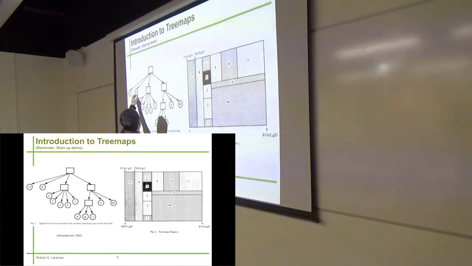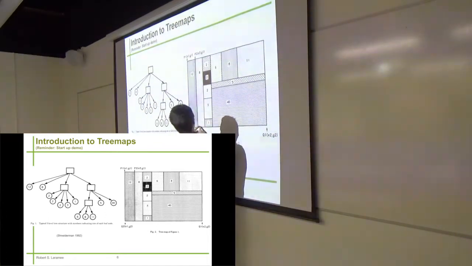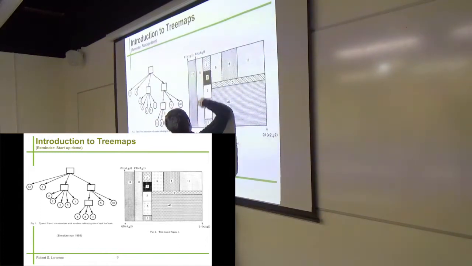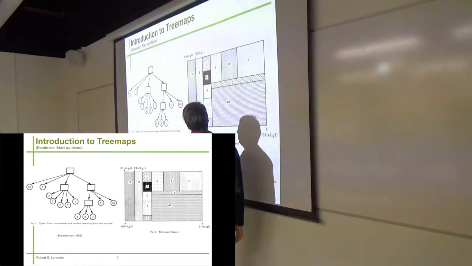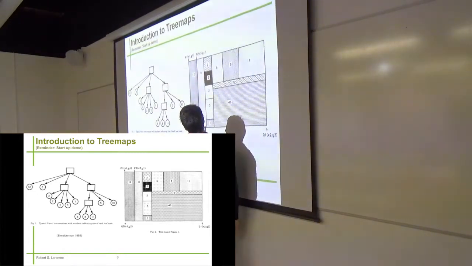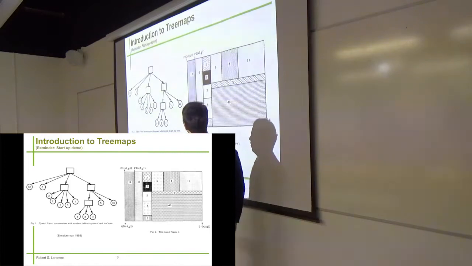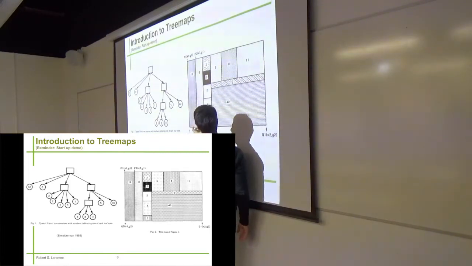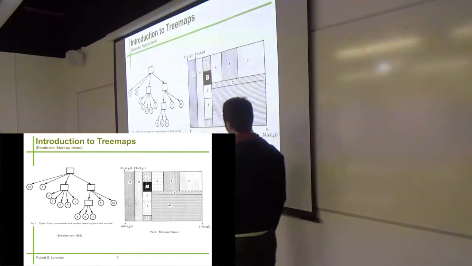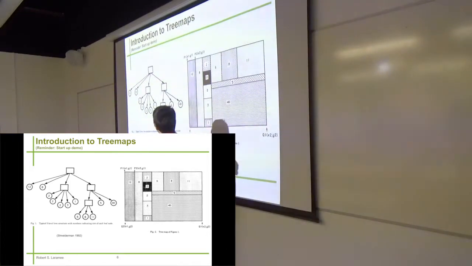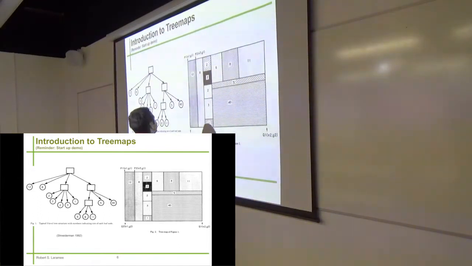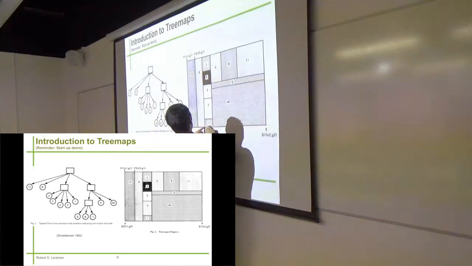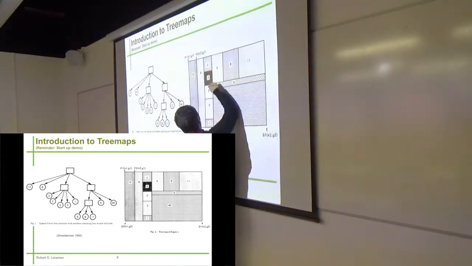The next one is the 8. That 8 gets mapped to this rectangle right here. It's hard to see, but this rectangle is a little bit thinner than this one. This one's a little bit thicker than this one. What happens to the next children? Here's another child node of the root node, and it has 5 children, 2, 2, 2, 3, 1. That rectangle is mapped to the next one in line.